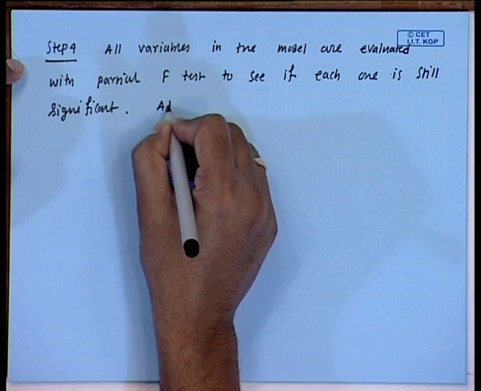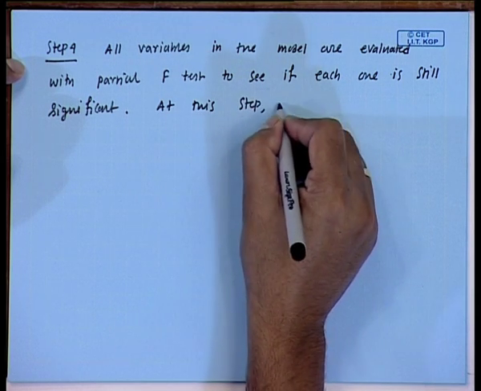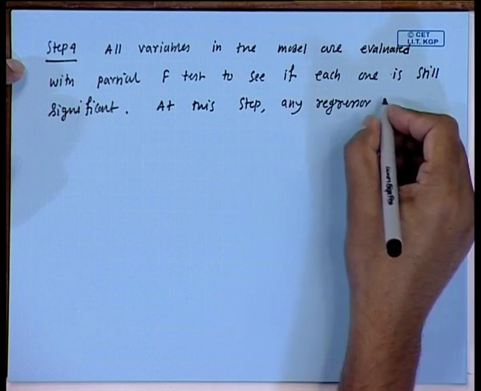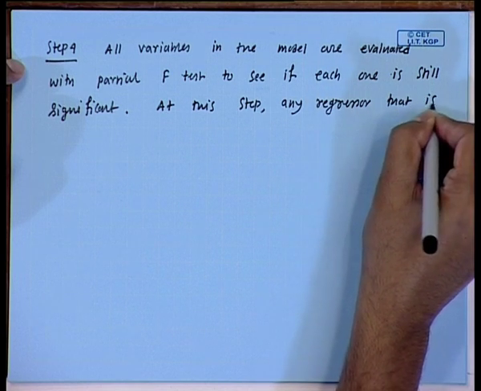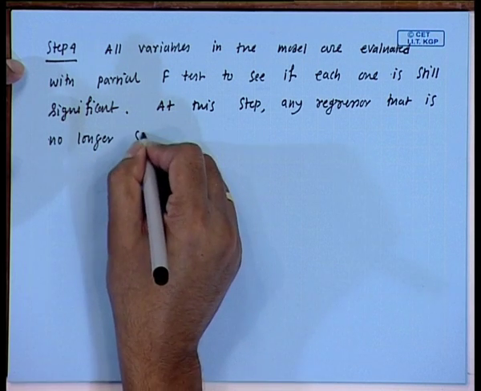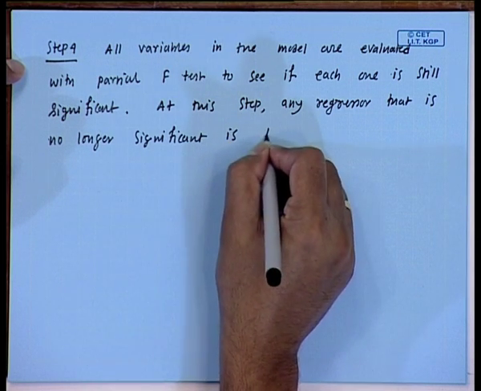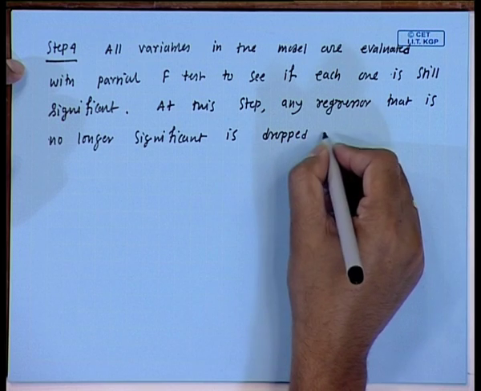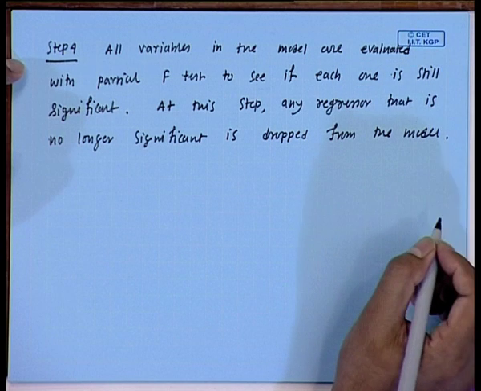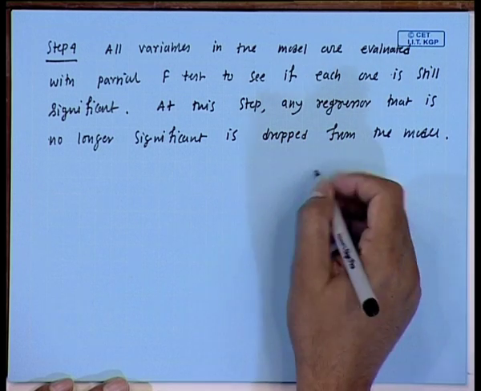At this step, any regressor that is no longer significant is dropped from the model.